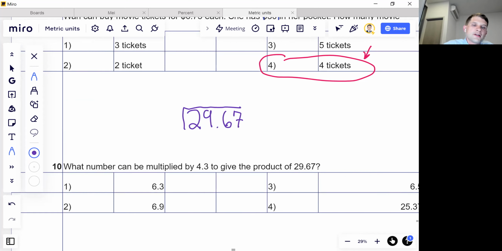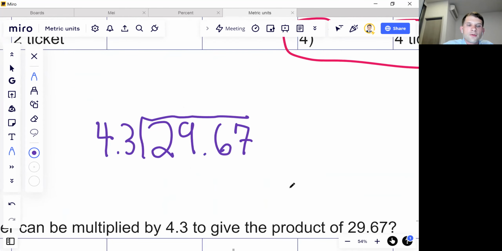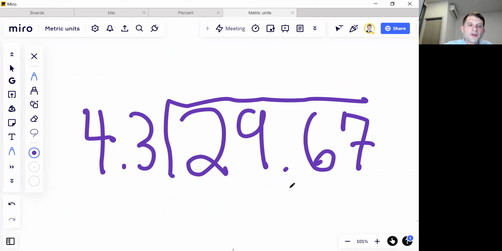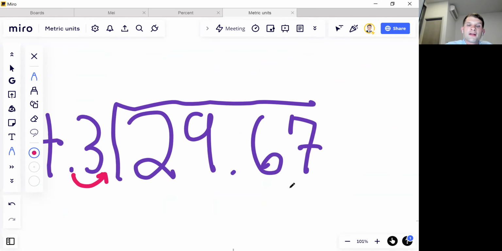So my divisor is 4.3. So let's go ahead and work this out. Before we get started, we see that we have a decimal here in our divisor. So we need to first move this decimal 1 place to the right. And we also need to move this decimal in our dividend 1 place to the right as well.